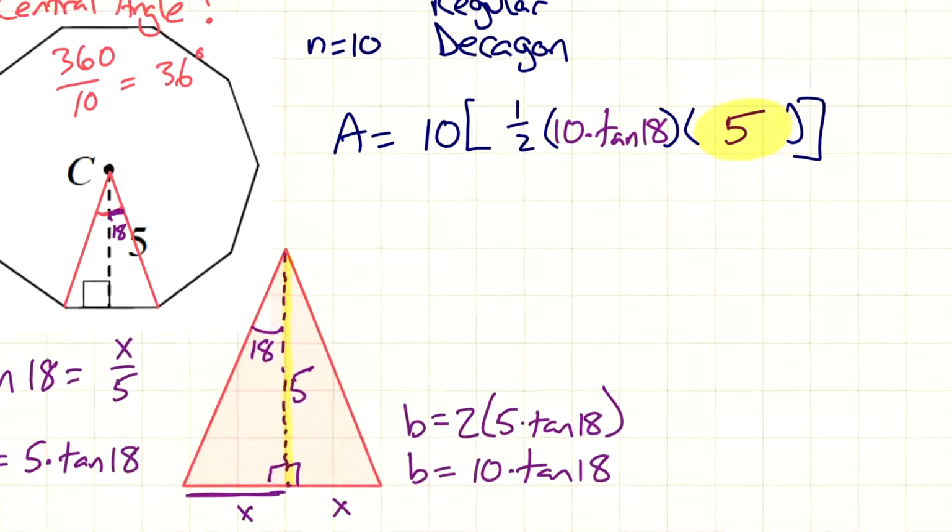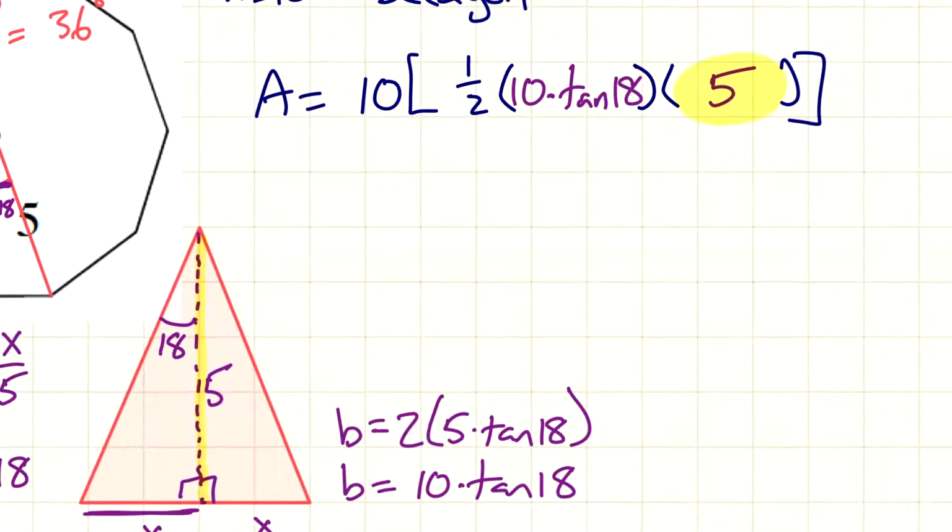Now, once we have everything filled in, we can simplify this. So we're going to have area is equal to 10, I'll leave that till the end, and I have numbers here. I have 1/2 of 10, which is 5. And then 5 times 5 is 25.